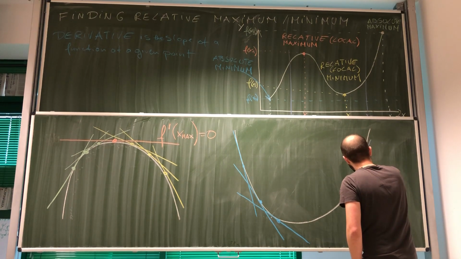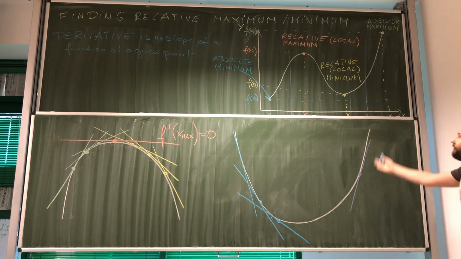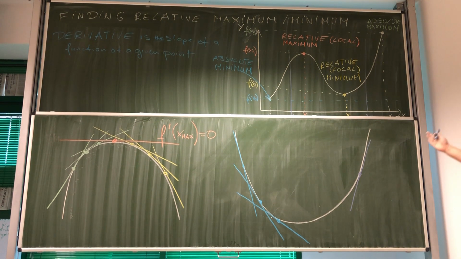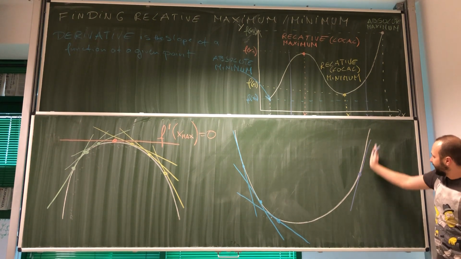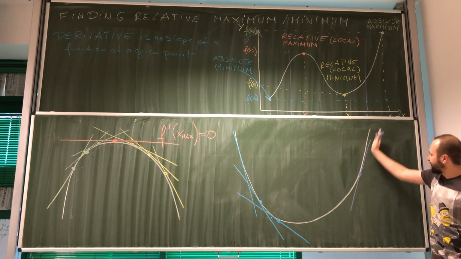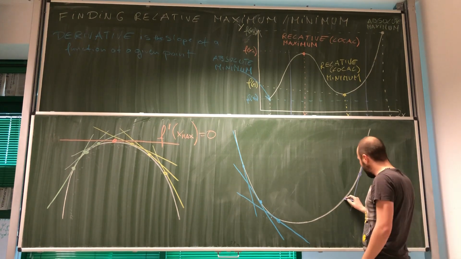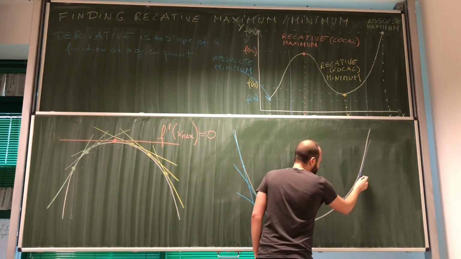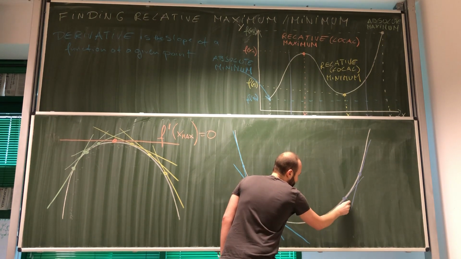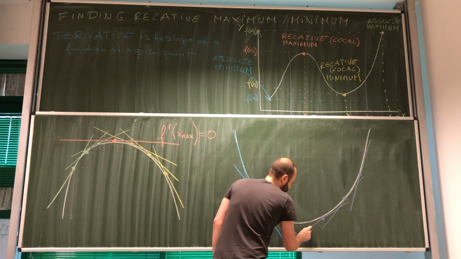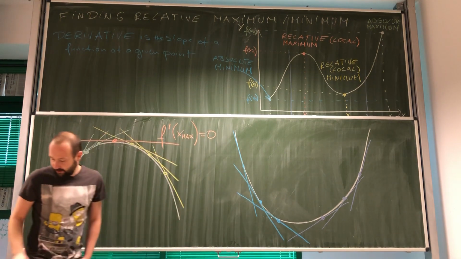Here, the function is definitely increasing, right? And rather fast because the tangent line is very steep. Look, as I'm getting closer and closer to the minimum, this line is positively sloped, but it's getting flatter and flatter.